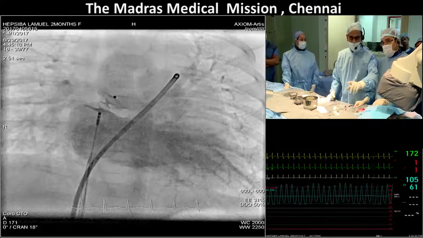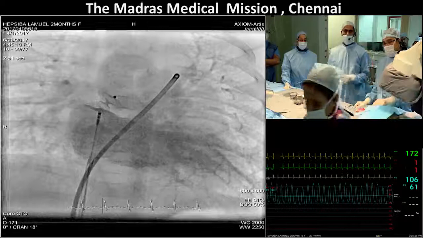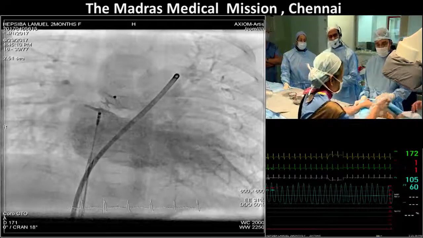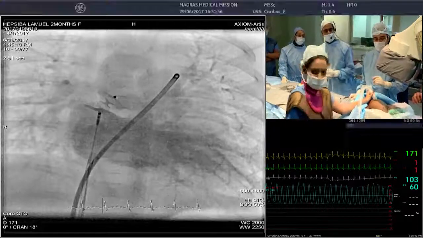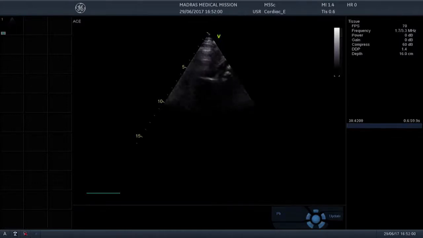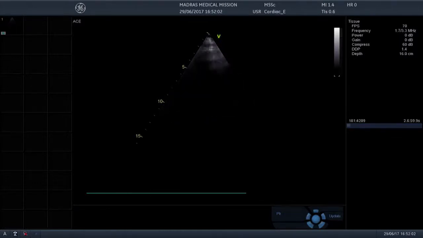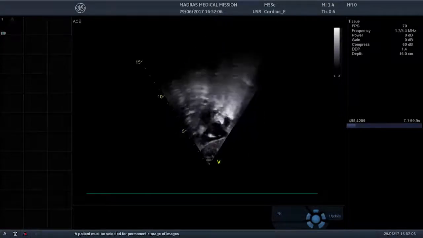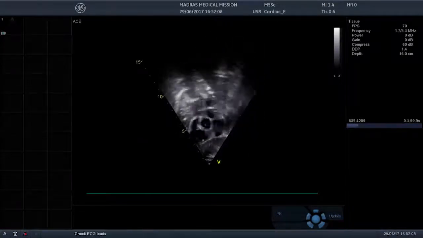So now we would like to get some echocardiography. Go echo live. This is going to be a transthoracic echocardiography. The child is under sedation, breathing spontaneously, and not on intubation anesthesia.